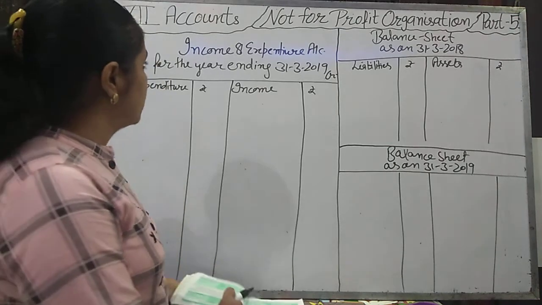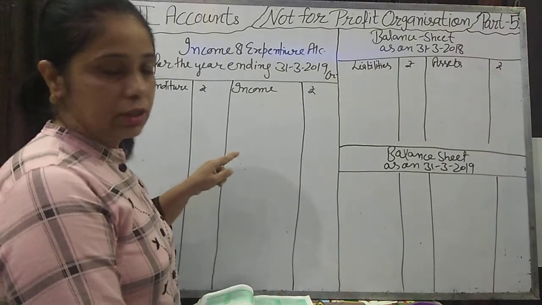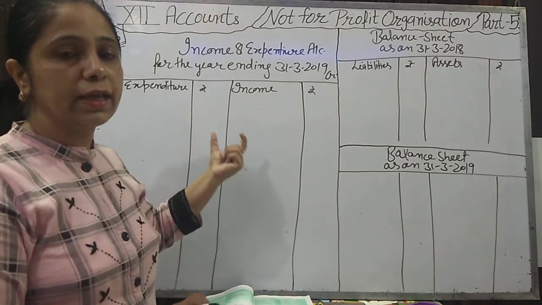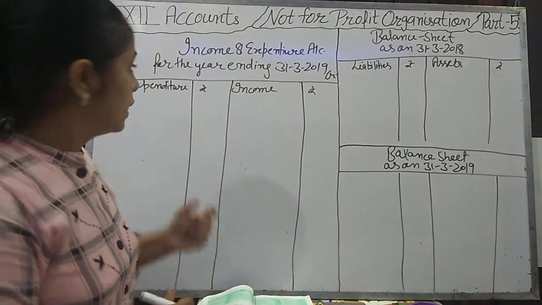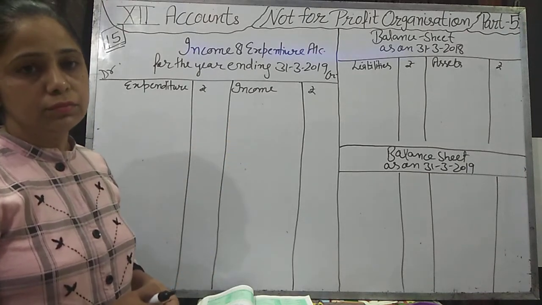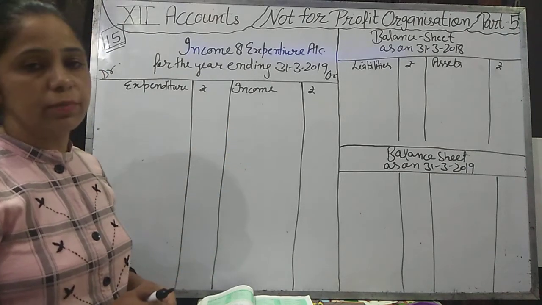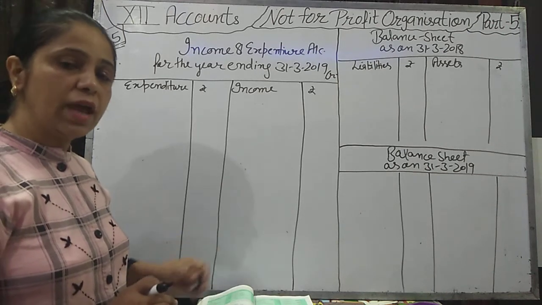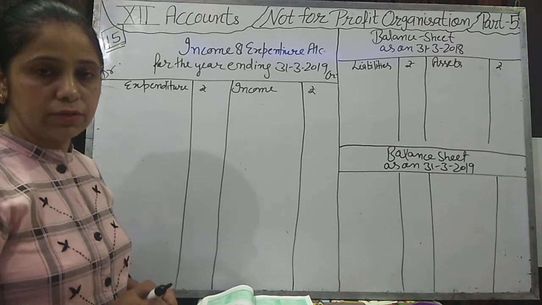Okay, but in the income and expenditure account we will record the items of only the current year. Current year's expenditure and current year's income, that we will show in the income and expenditure account, by the receipt and payment account, and some additional information is given to us.